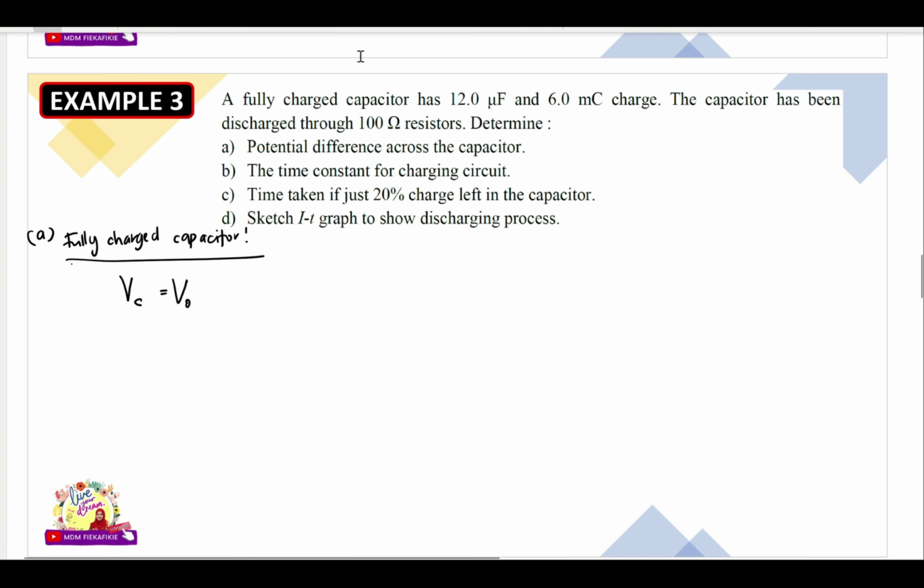Alright, so sekarang soalan minta kita kira potential difference across the capacitor. Okay, so kita nak kira V lah, V0 ataupun VC.